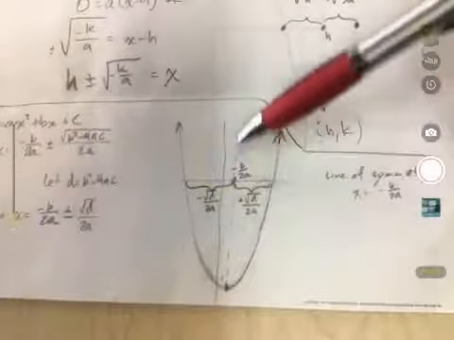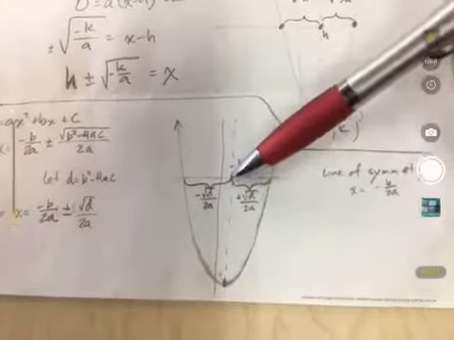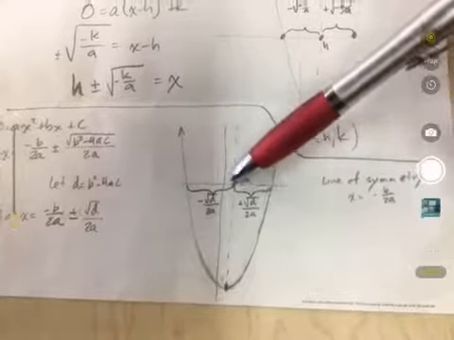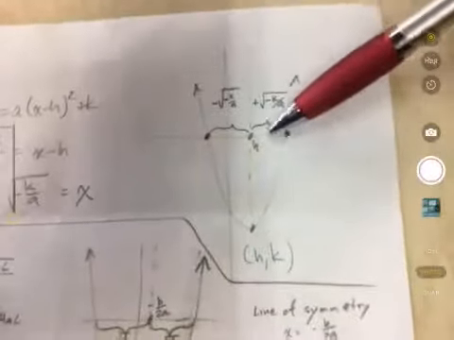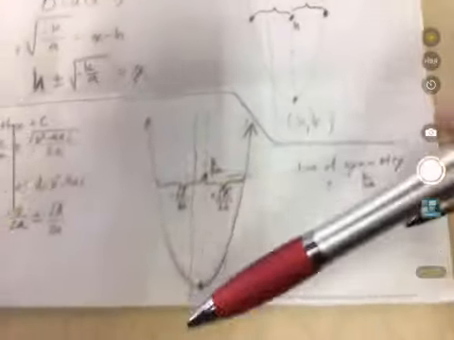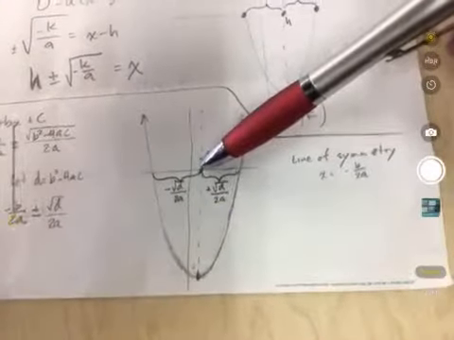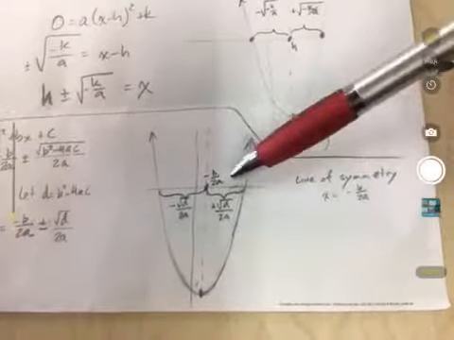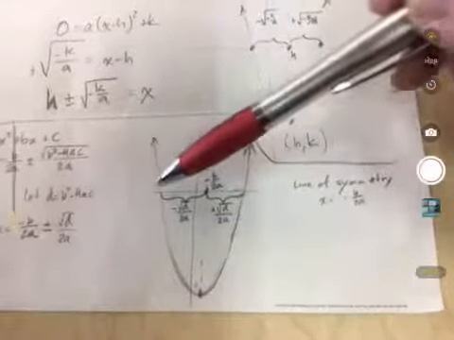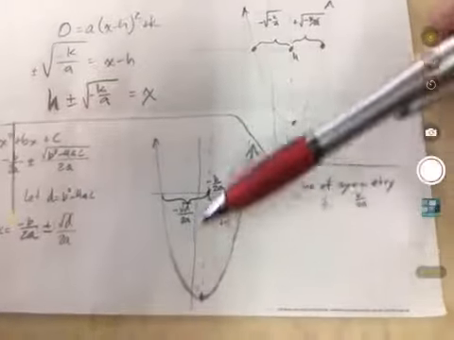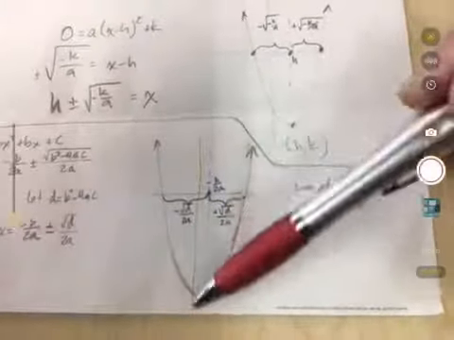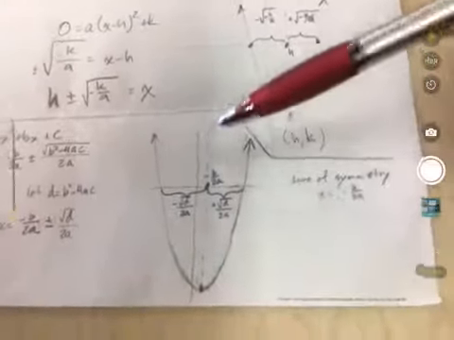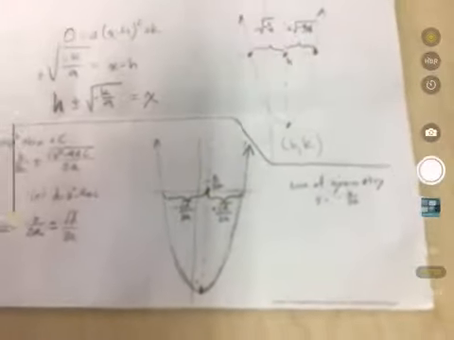Here's our line of symmetry, negative b over 2a, plus this value and then minus this value. It's exactly the same thing that we were showing up here, with that line of symmetry where it crosses the x-axis, plus a number and then minus a number. Same number on either side, so these x-intercepts are equidistant away from this x value of the vertex, or the line of symmetry. Okay, just thought I'd point that out.